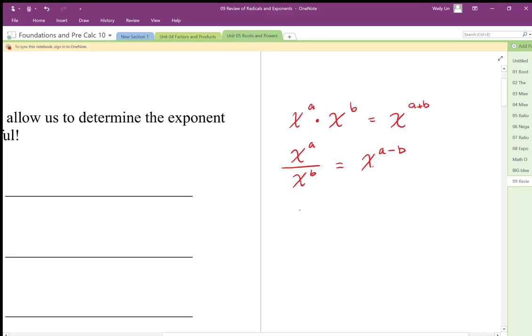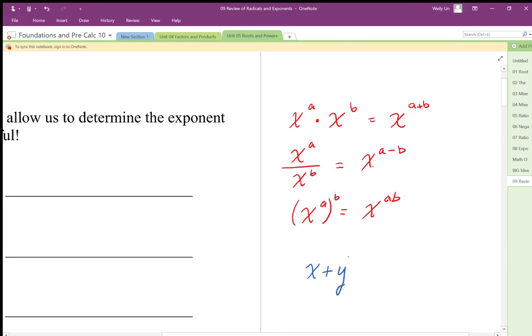And the other rule is that if we have a power to a power, we are able to count in groups, so we multiply those exponents. And I mentioned before that exponents and add and subtract do not mix.